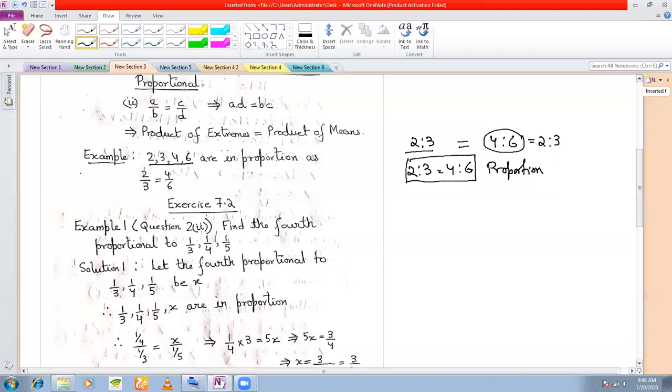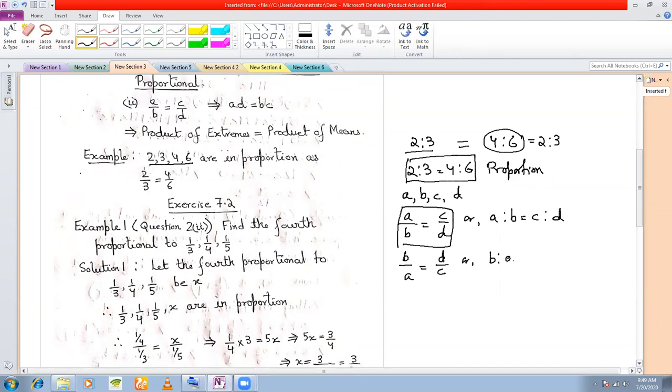The numbers have to be taken in order. So if I give you four numbers in proportion, A, B, C, D, what can you write? You can write A by B is equal to C by D, or you can write A is to B is equal to C is to D. Or you can also write B by A is equal to D by C. This is the normal way that we take: A by B is equal to C by D. So B is to A is equal to D is to C. This is what proportion is.